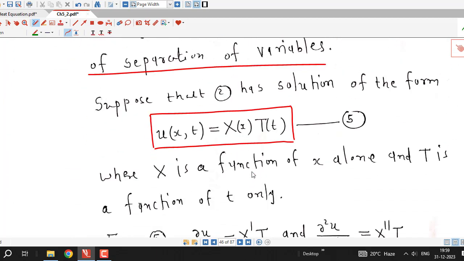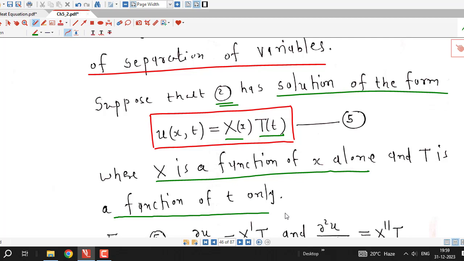And we start by assuming that heat equation has solution of the form u(x,t) equal to capital X into capital T, where X is a function of x only and T is a function of t only. Now what is heat equation? Del u by del t equal to c square times del square u by del x square, and we have assumed that this is the solution of this equation.